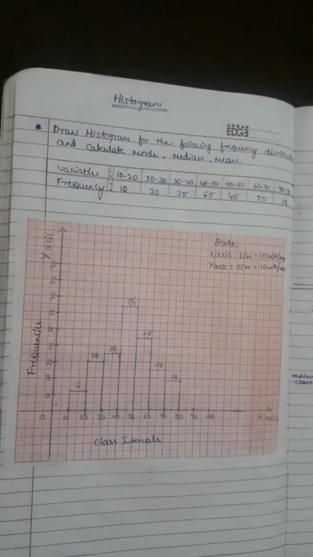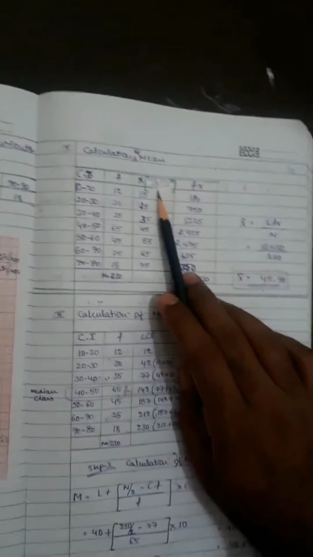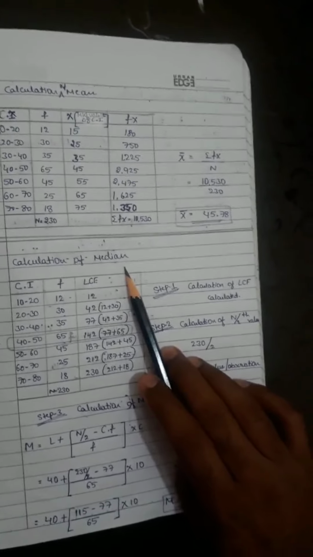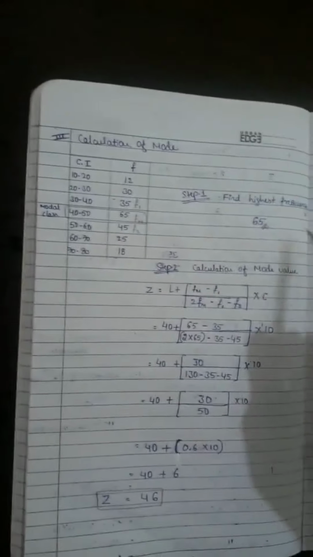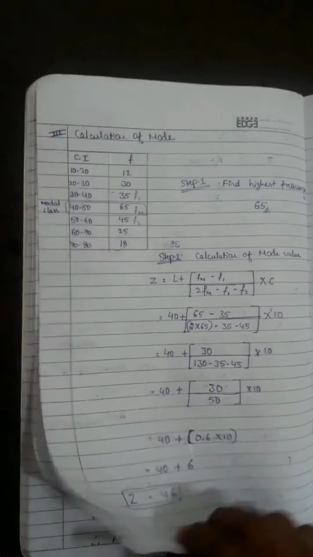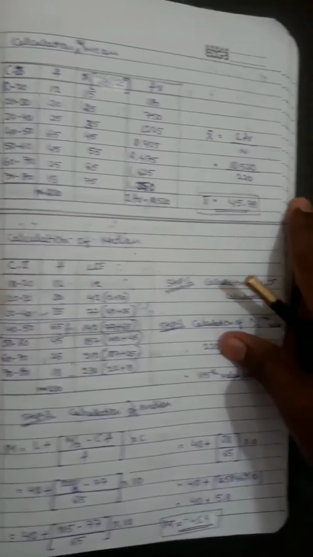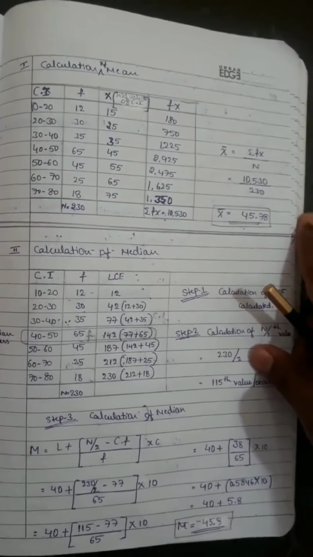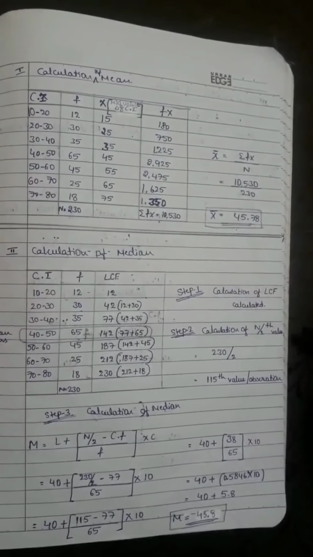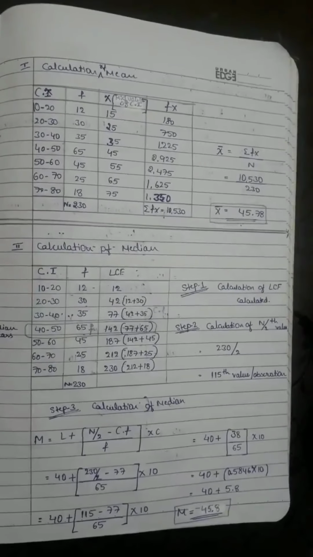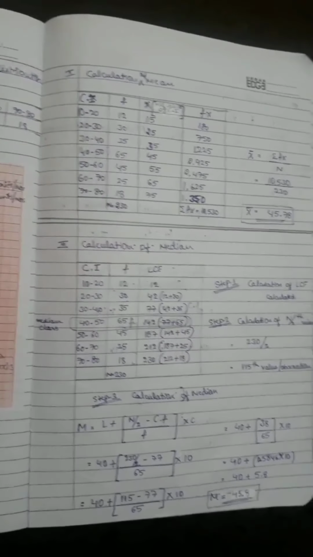You see here I have calculated mean, median and mode. How to calculate mean, median, mode, I have already made a video regarding this, so for that you have to watch previous videos.